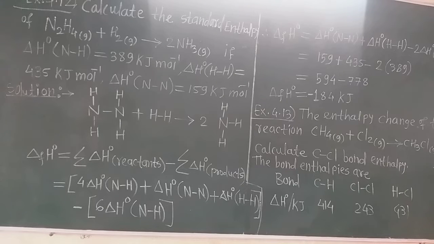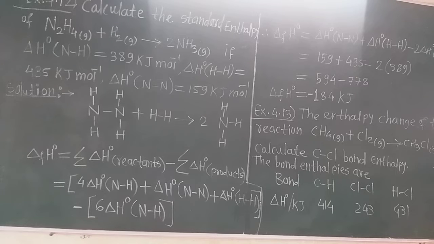Now how is it calculated? We know the formula. In the last lecture I told you, in this formula delta reaction H is equal to summation of delta H0 of reactants minus summation of delta H0 of products. Now this formula is here. We have to subtract the standard enthalpy of products, that is the bond enthalpy.